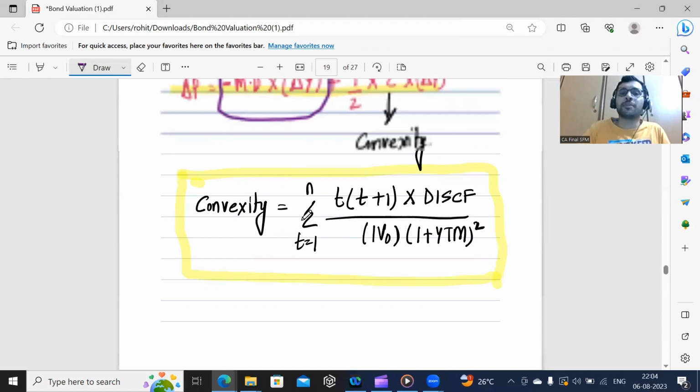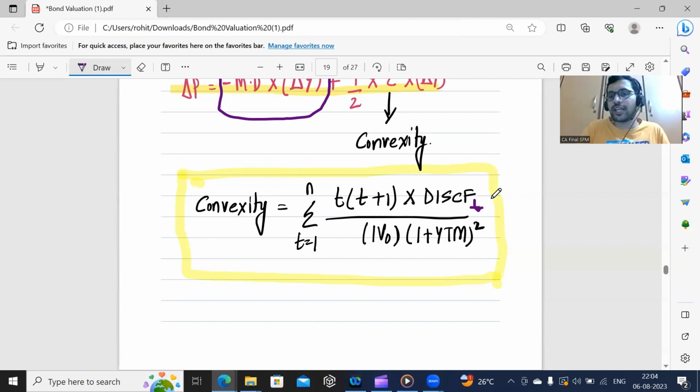Convexity is going to be summation t equal to 1 to n of t into (t plus 1) into discounted cash flow for year t. What do I mean by this? First year cash flow, multiply it with 1 into (1 plus 1).